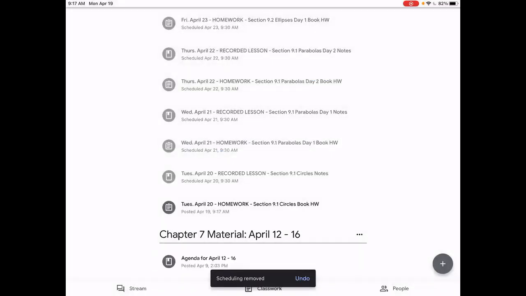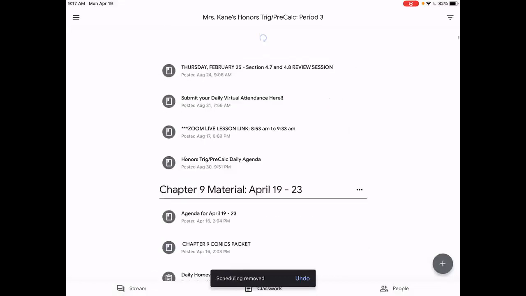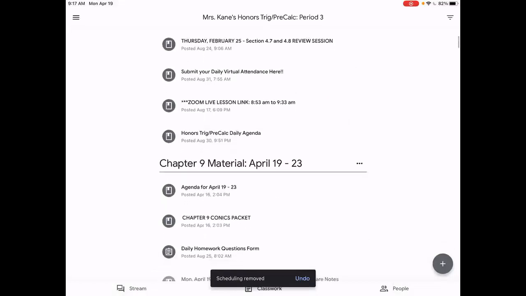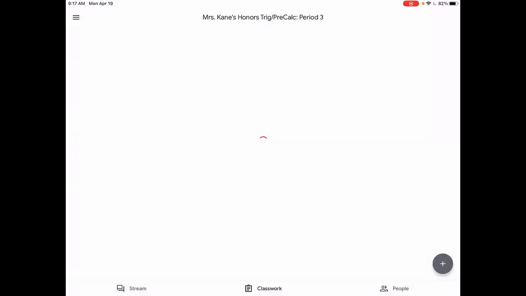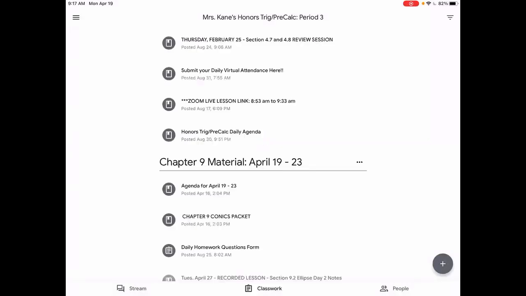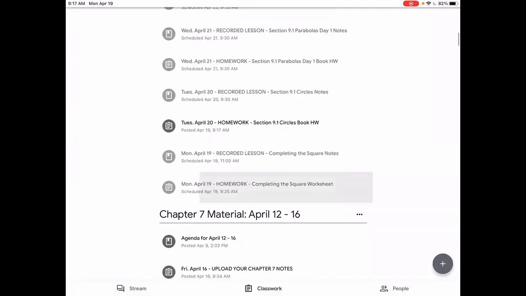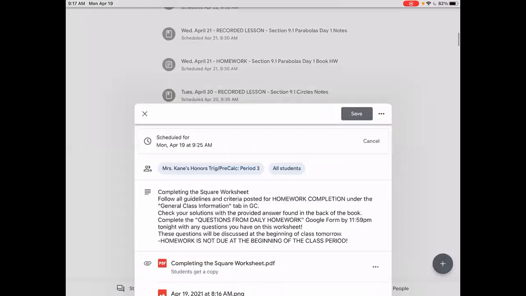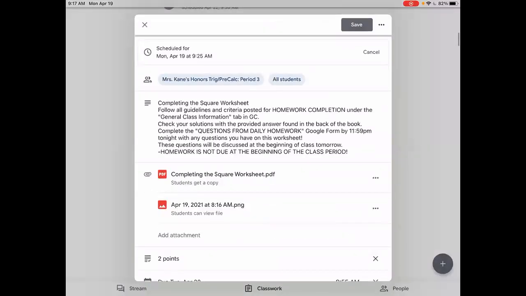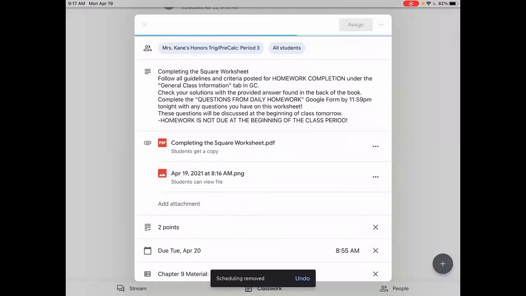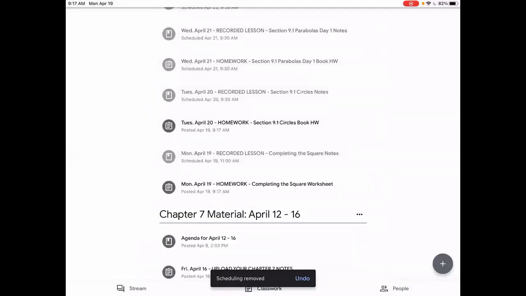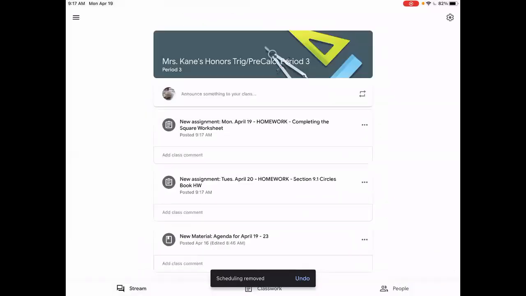Okay, don't do the one that I just opened. I'll have to redo that one. Try again. Here it is. Okay, make sure it says completing the square, not the one that I opened for Tuesday. So Monday, completing the square worksheet.